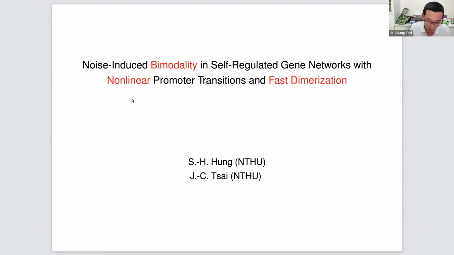Most studies of this gene network are based on numerical computation, or on the assumption that the reaction rates are linear. The fact that the reaction rates are linear allows people to derive the exact form of the state distribution.